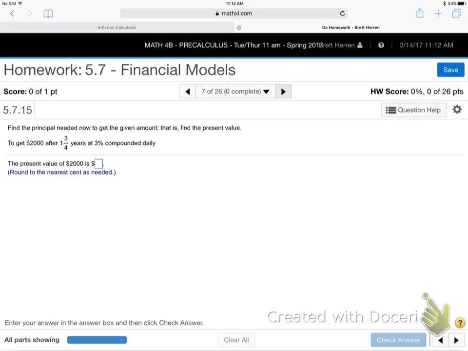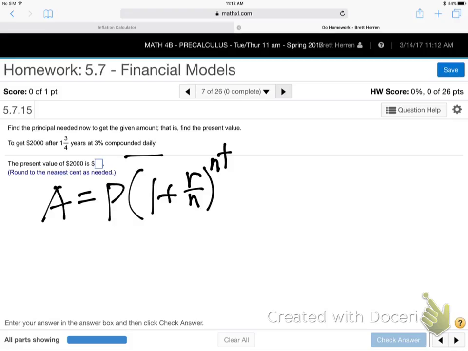Yeah, it's not continuous, it's daily. So we're not using the PERT formula, we're using the 1 plus r over n to the nt again, right? You only use the PERT formula when it says compounded continuously. And we'll use the PERT formula a bunch in the next section. All right, so try that.